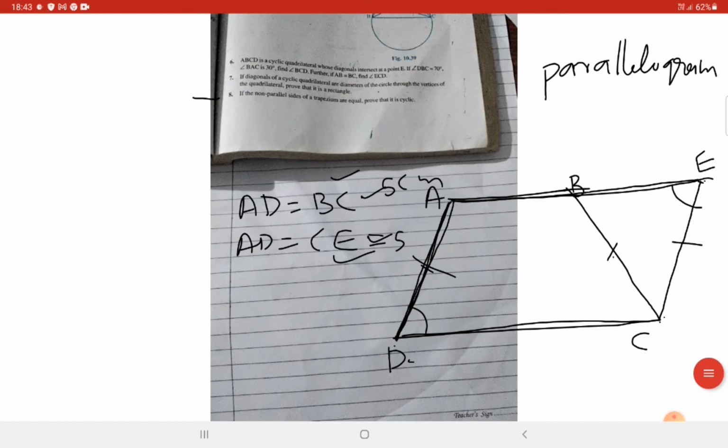So BC and CE are equal. So the triangle BCE is an isosceles triangle in which the equal sides are CE and CB. Then the angles opposite to the equal sides, angle EBC and angle CEB, are equal by the property of an isosceles triangle. Let these angles be x.